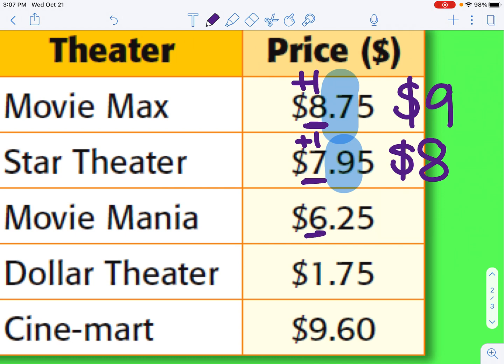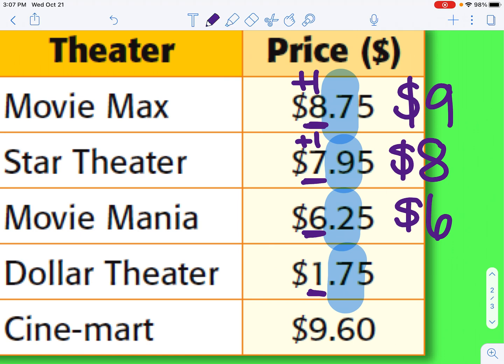Alright, Movie Mania. I underline my ones digit and I highlight my tenths digit. That 2 makes the 6 stay the same, so Movie Mania is $6. Dollar Theater, I underline my 1 and I highlight my 7.